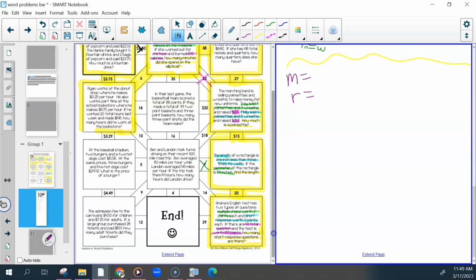And what would these represent? What don't we know? Elsa? Number of each type of question, so number of multiple choice and number of short response.